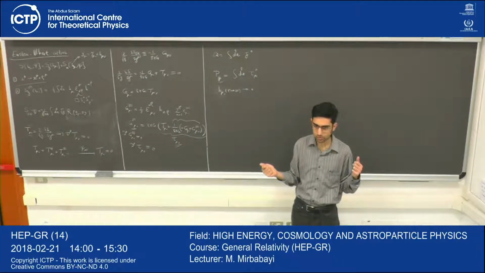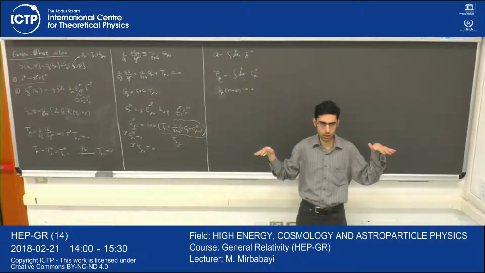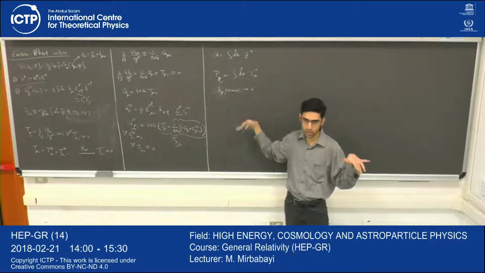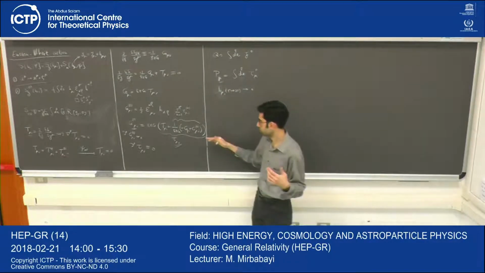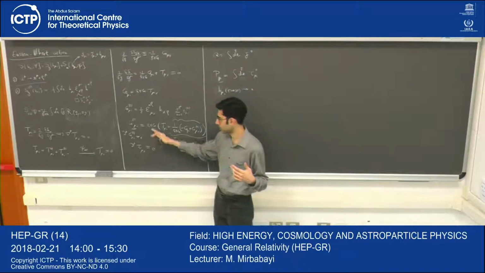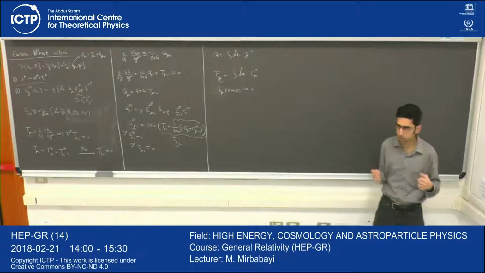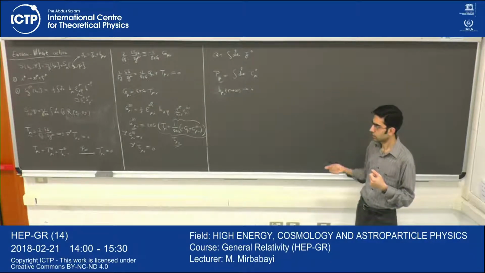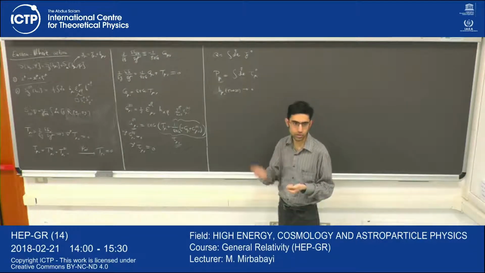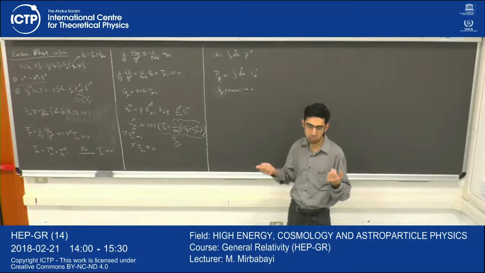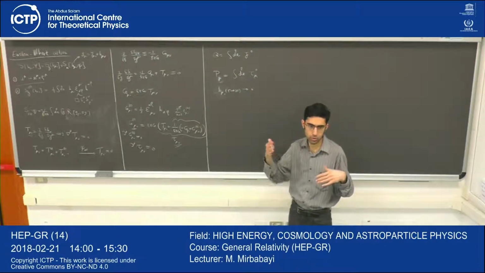Because even though asymptotically the space-time is Minkowski by assumption, inside this metric perturbation h mu nu can be order 1 or large, so g mu nu can be very different from eta mu nu. And then we have freedom to choose different coordinate systems, and in none of these coordinate systems is the spacetime going to be Minkowski.